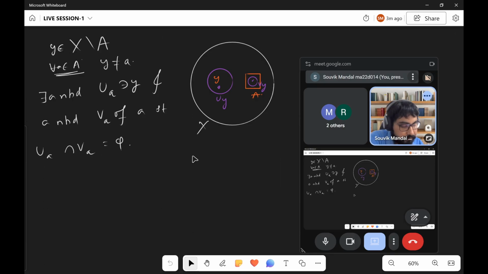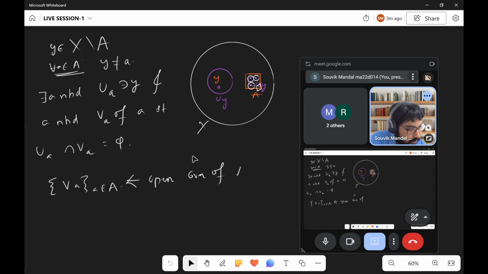Yes. Now consider the open cover Va where a belongs to A. So if we take all those Va, then this will create an open cover of A. Is it clear?